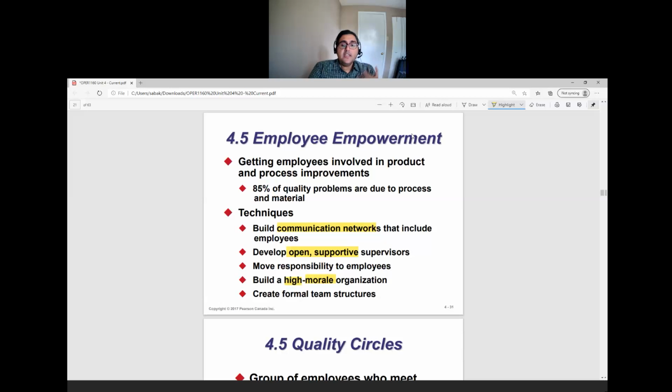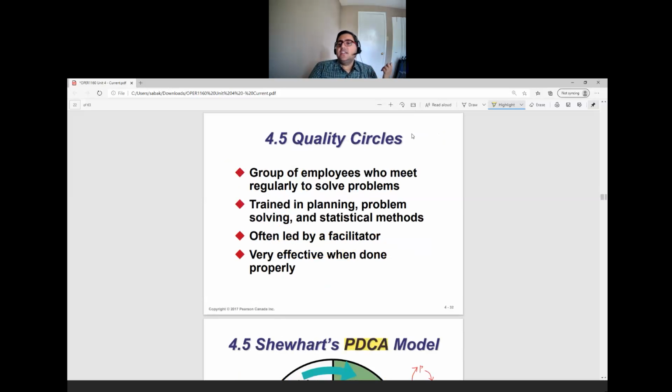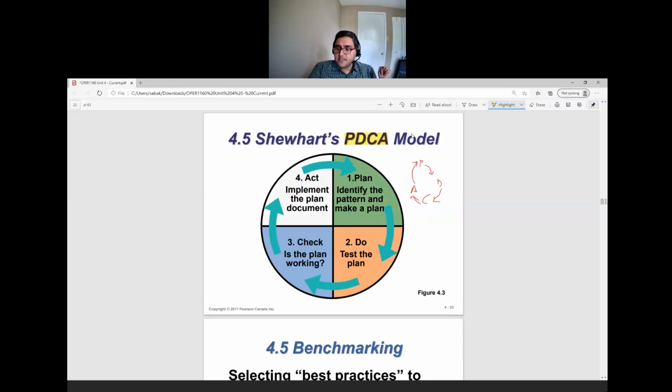The third is employee empowerment. I gave the example of the case wherein you purchase a coffee and in case you drop that coffee, if the employee is given the empowerment, you will feel so much loyalty to that particular store. And we spoke a little bit on quality circles and the PDCA model.